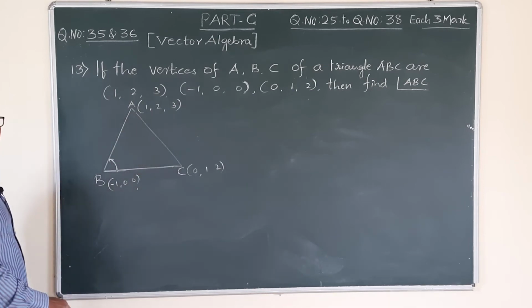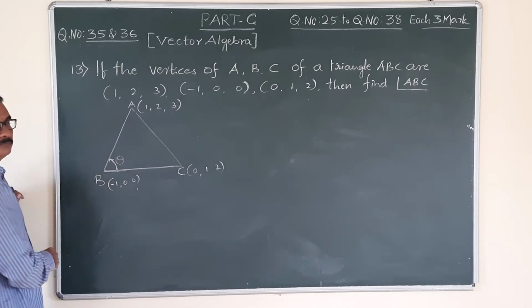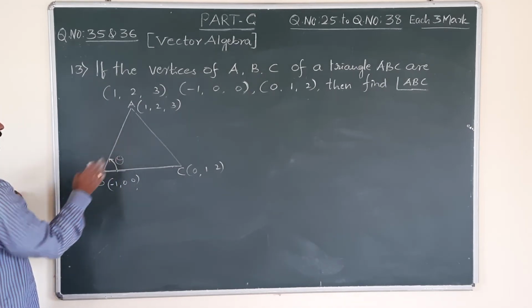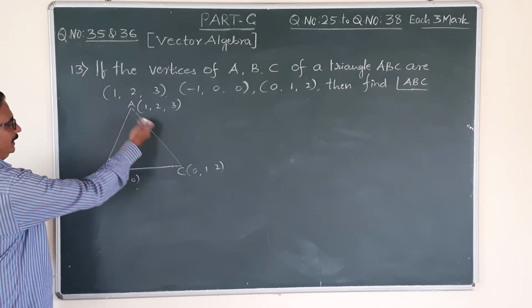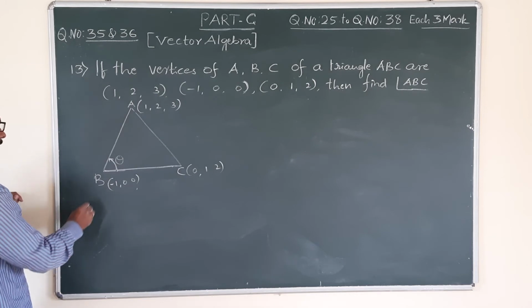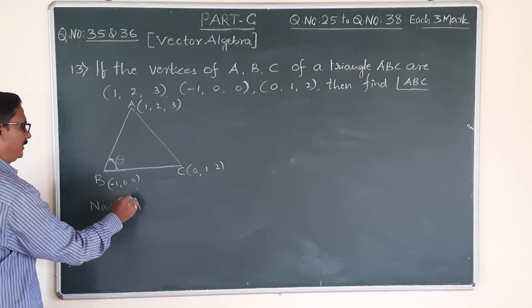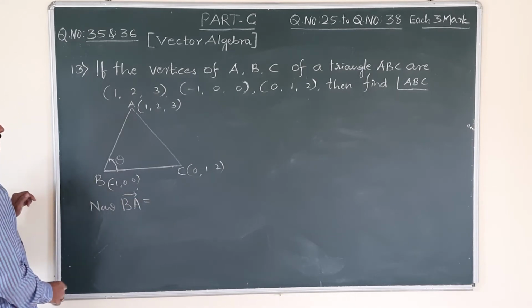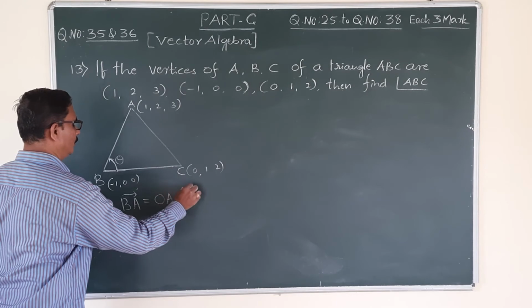Angle ABC. Okay. Now here, call this theta. Let theta be the angle between the vectors AB and BC, or AC and BC. You take any two. Now find the BA vector and BC vector. BA is equal to, using position vectors, OA minus OB.